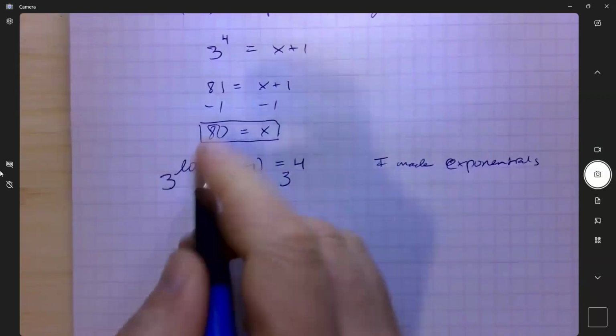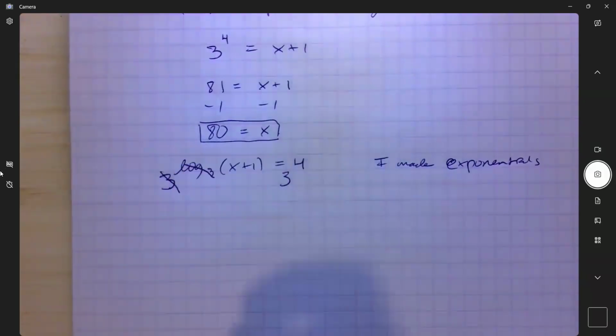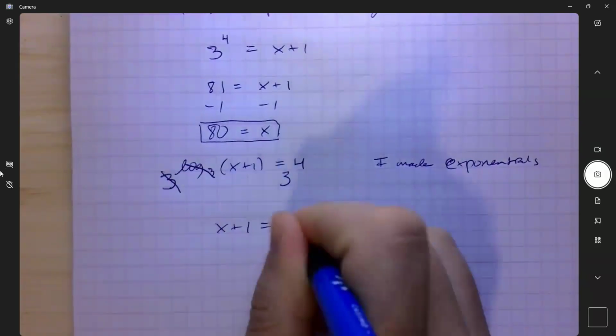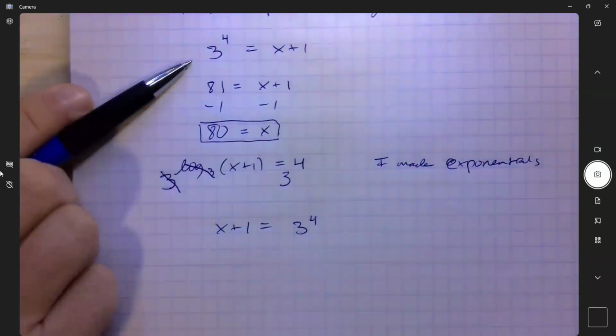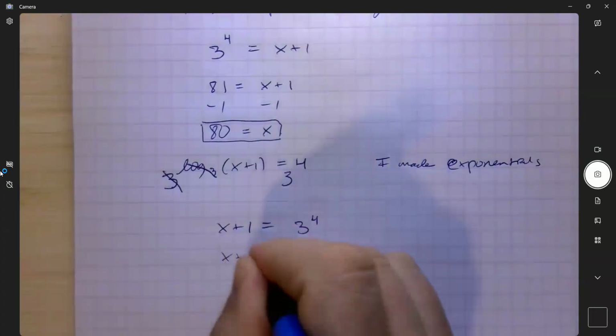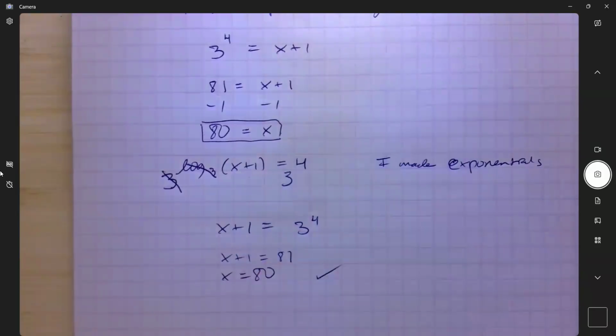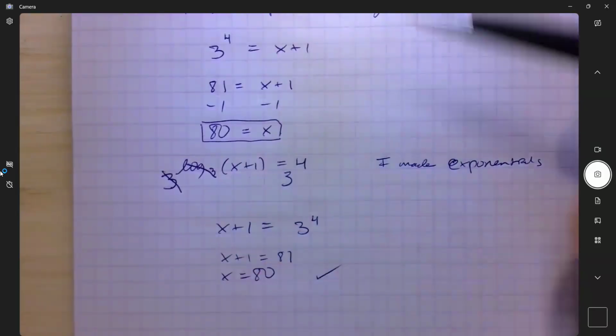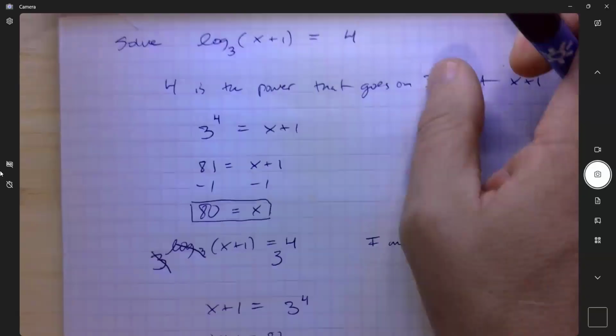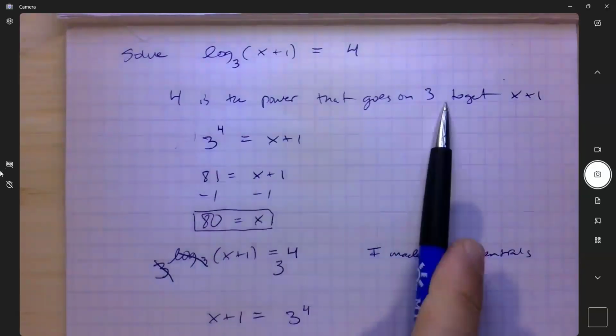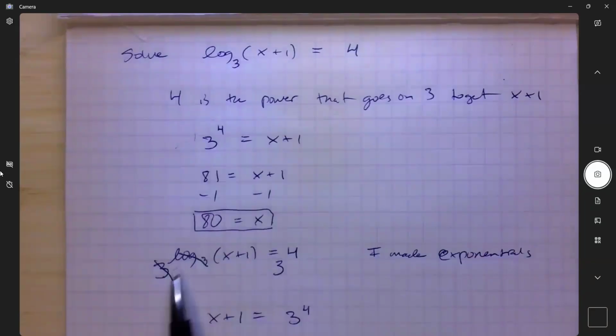And exponentials and logarithms cancel, and I'm left with x plus 1 equals 3 to the 4, just like I did when I rewrote it using words. X plus 1 equals 81, x equals 80. So you can free your logarithms either by rewriting them as exponentials or by sticking them into the power slot in exponentials. And then the exponential and the logarithm cancel.